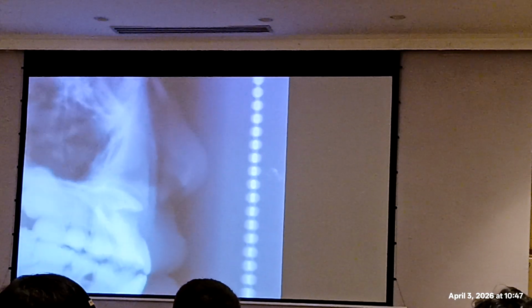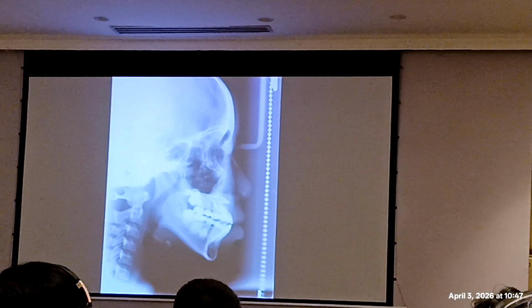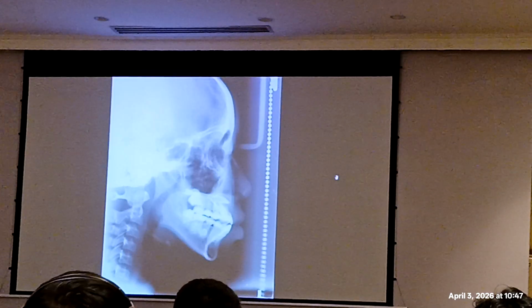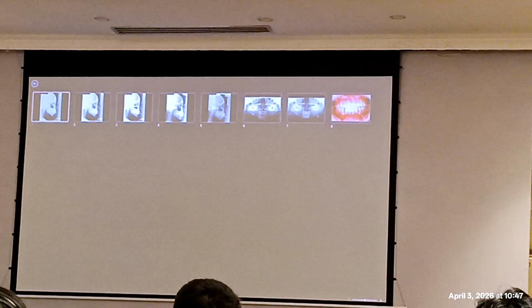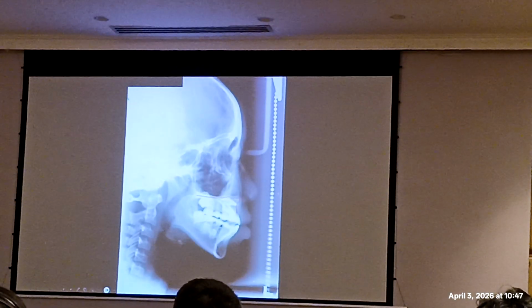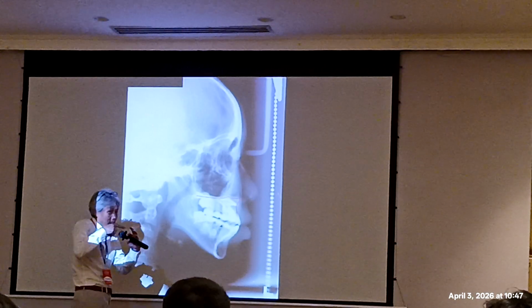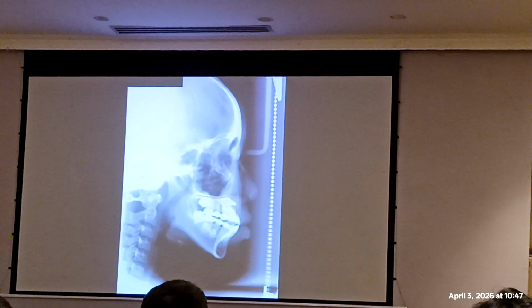So if I trace it, it goes like this. So the incisal edge is poking out of the plate. I think. I haven't opened it up, but I think it is like this.